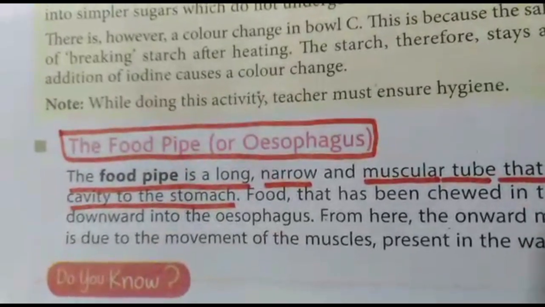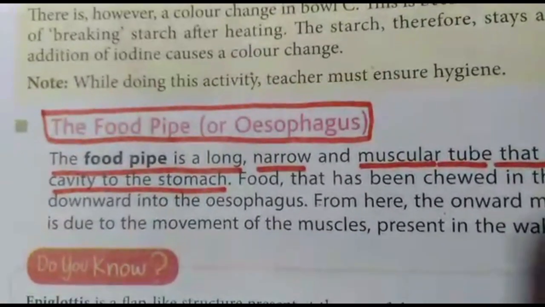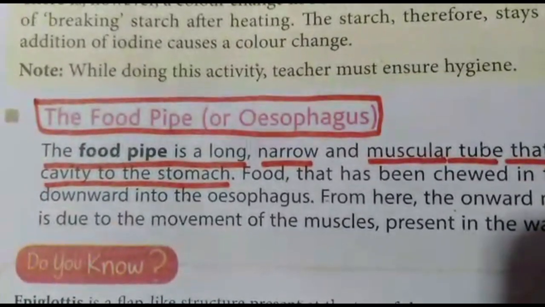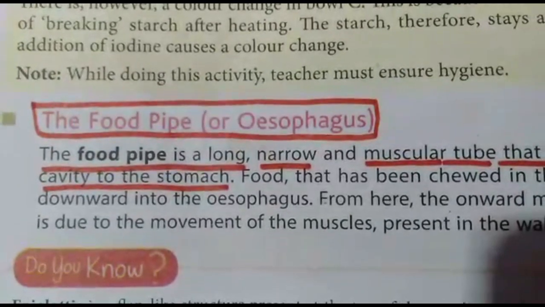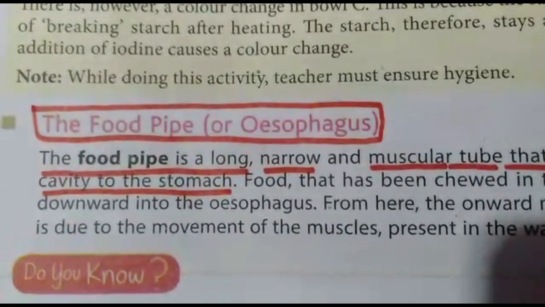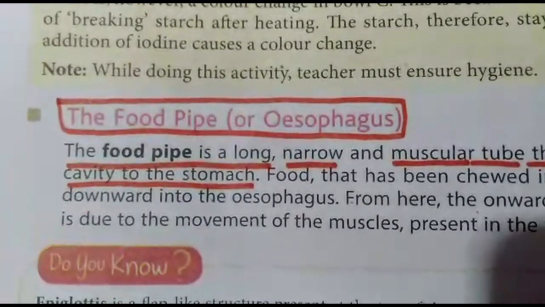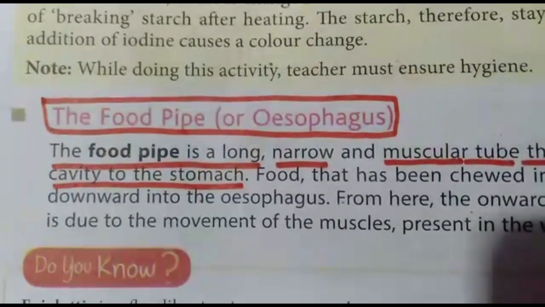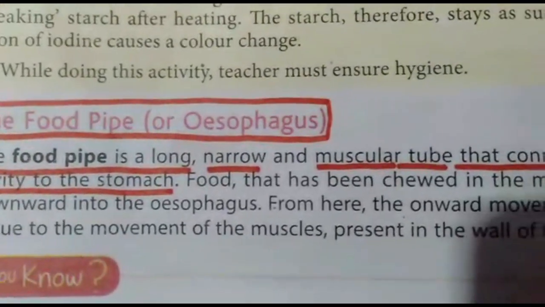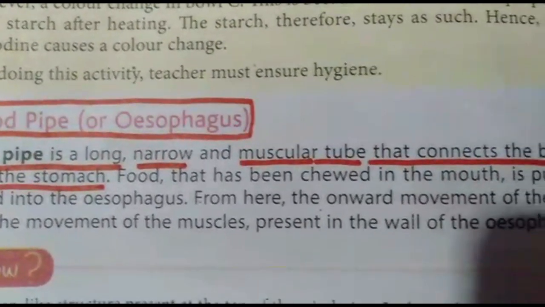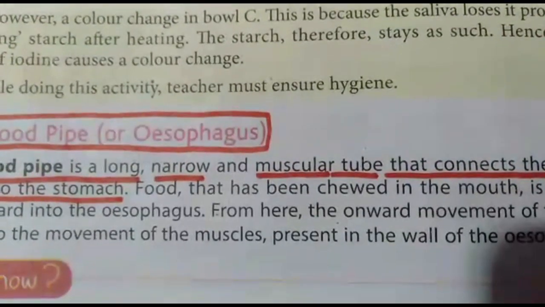The food is crushed with the help of teeth and swallowed with the help of the tongue, and saliva present there mixes with the food and converts it into a simpler form. Then it is passed through the oesophagus or food pipe. The oesophagus is a long narrow muscular tube that connects the buccal cavity to the stomach.